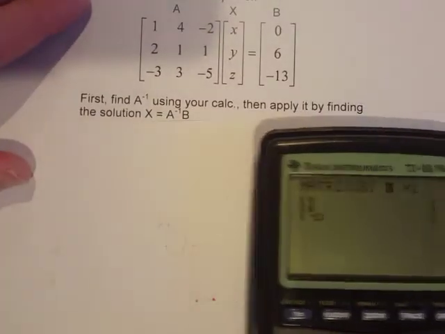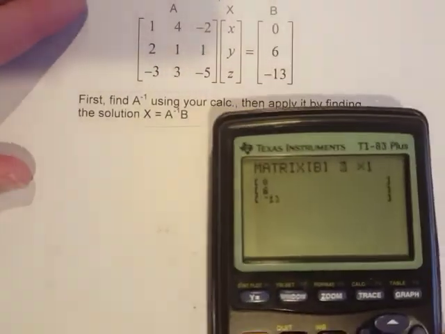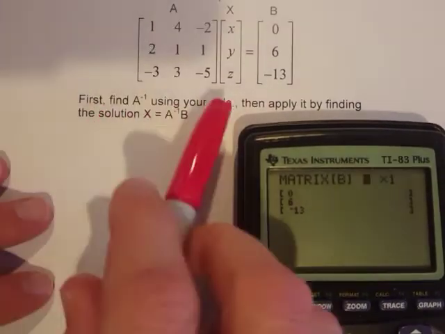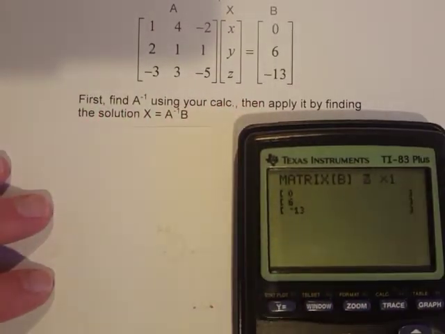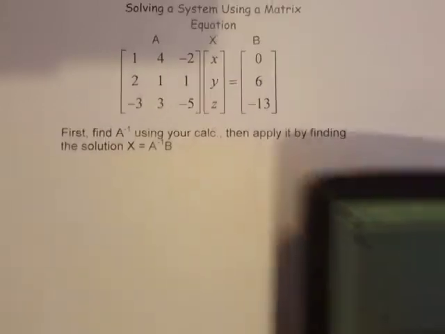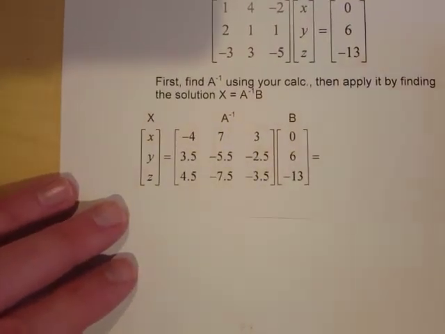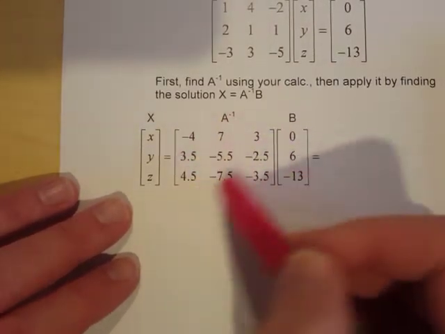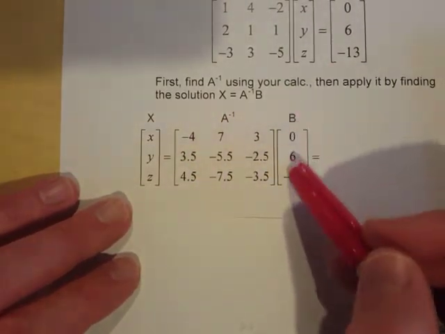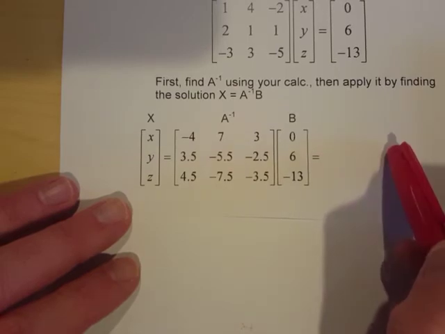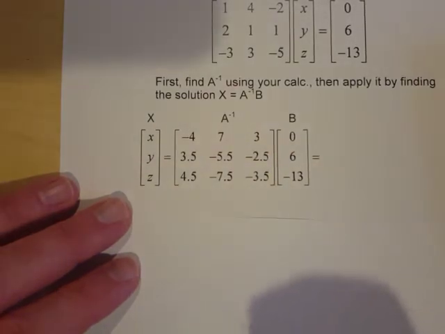We can just find A inverse and then multiply, but we can also just let the calculator do all the work. If we wanted to find A inverse, that's what it would be. So I did this using the calculator, and now we multiply it by B. That's going to give us our solution to this system.